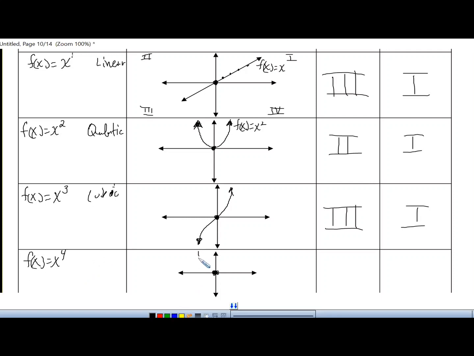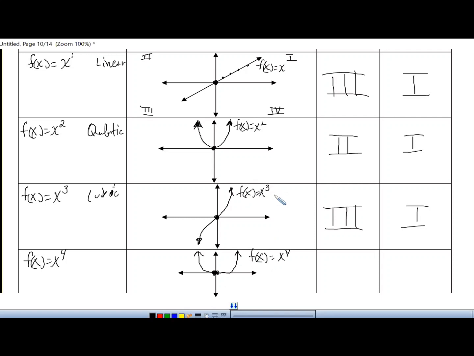Start from the left, gets really close, goes through the point of origin, barely touches it, and it ends up over here. All right, this is f of x equals x to the fourth. And this one I forgot to label, f of x equals x.